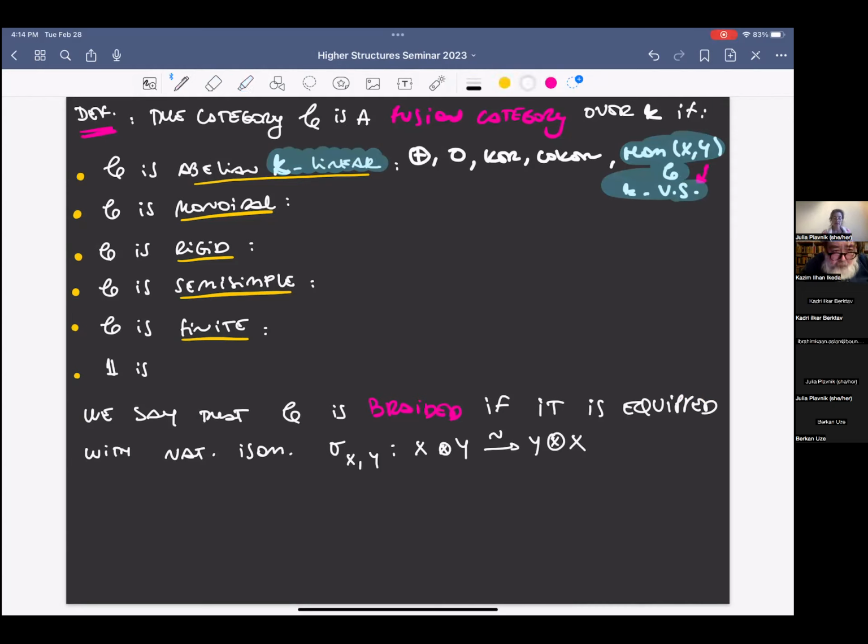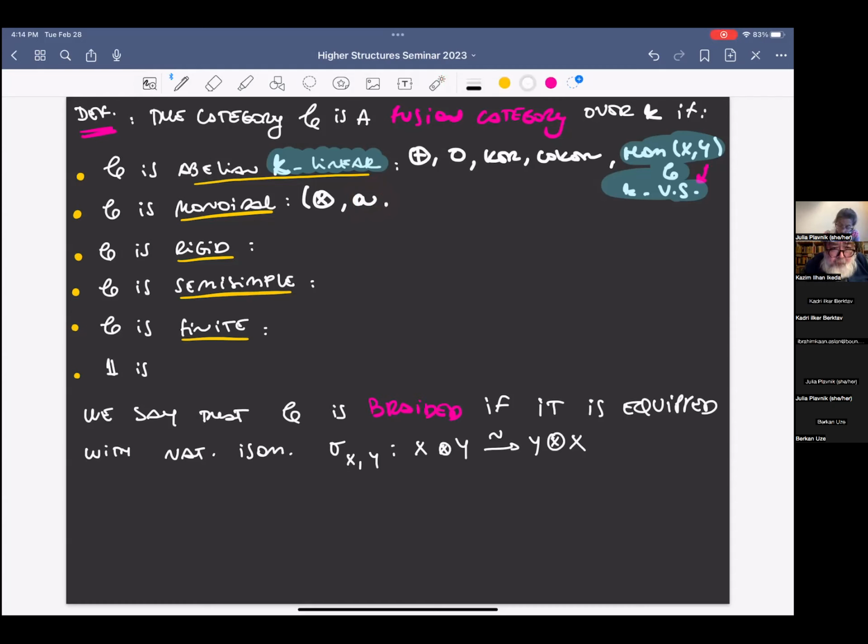The other thing that I will ask is adding more structure. For now, I have a direct sum, but now I also want to have a tensor product, which was the second thing that we said in the other case. So I will ask for this tensor product to be associative. So I will ask for an associativity constraint. Now for categories, we don't ask for equality, we ask for maps that are isomorphisms. What this map is doing is saying that putting the parentheses on the left when I have three objects is isomorphic to putting them on the right.